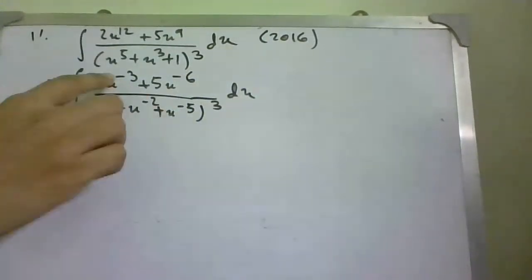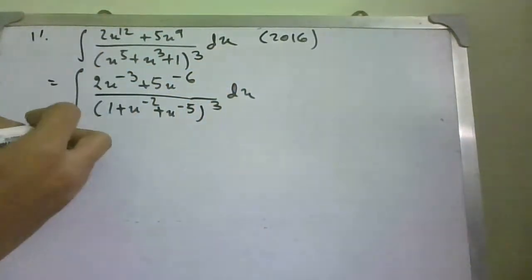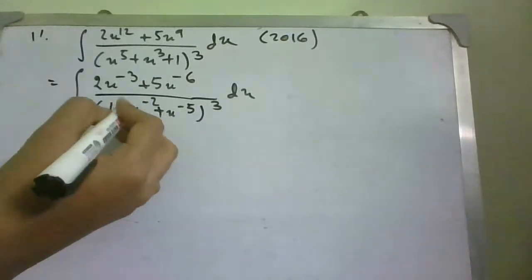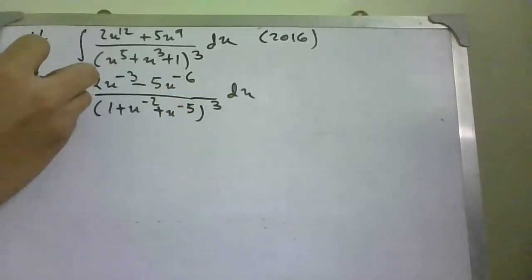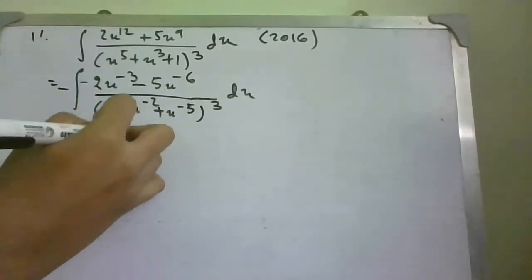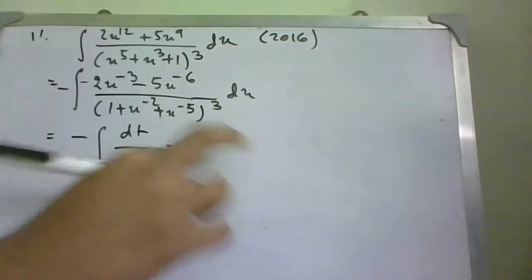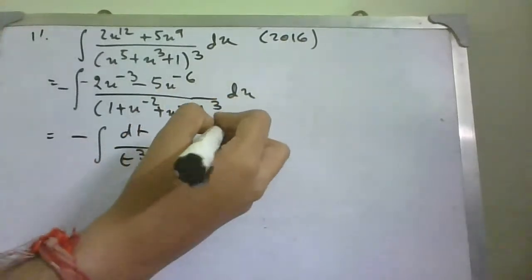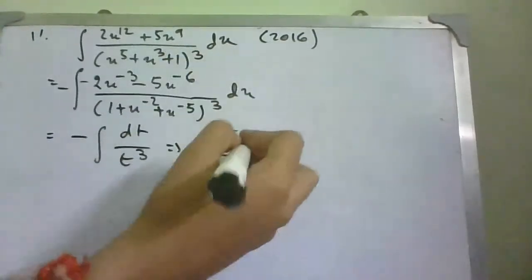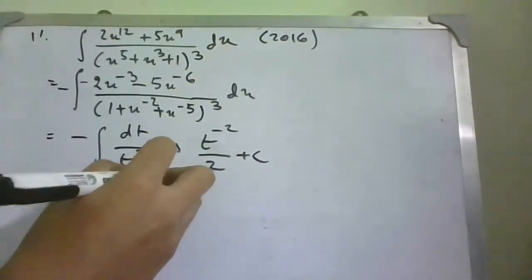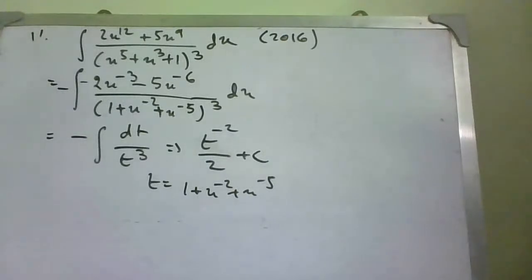Interestingly, if this is t, you can observe that the entire numerator is basically dt, because differentiation of this thing is this and this thing is this; we can just multiply the minus sign over here. We have dt over t cube, the minus signs get cancelled out. T to the power minus 3 integrates to t to the power minus 2 over 2, and t is 1 plus x to the power minus 2 plus x to the power of minus 5.